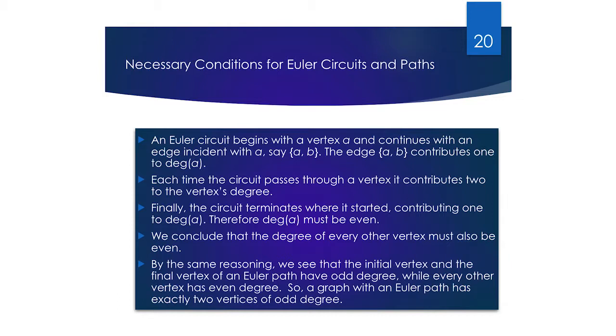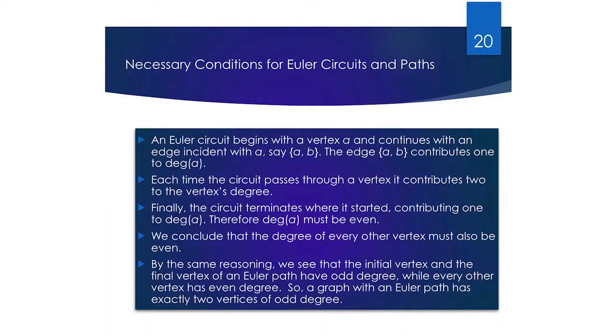Therefore, the degree of A must be even, because the circuit contributes 1 when it begins, 1 when it ends, and 2 every time it passes through A. A vertex other than A has even degree because the circuit contributes 2 to its degree each time it passes through the vertex. We conclude that if a connected graph has an Euler circuit, then every vertex must have even degree.